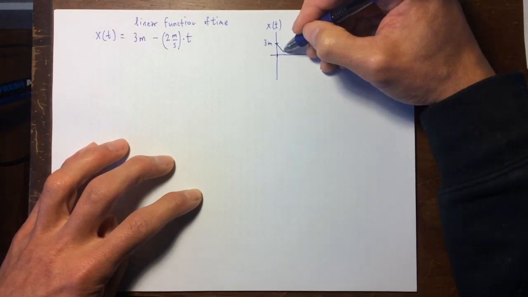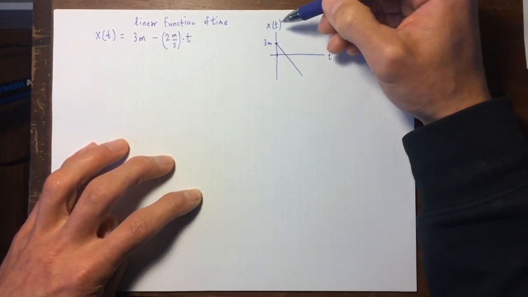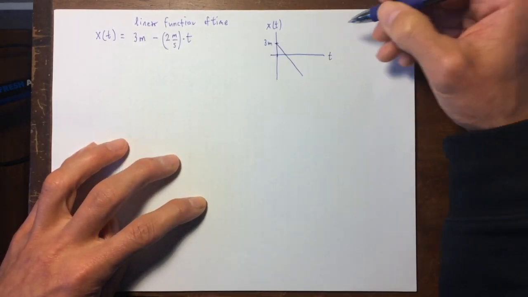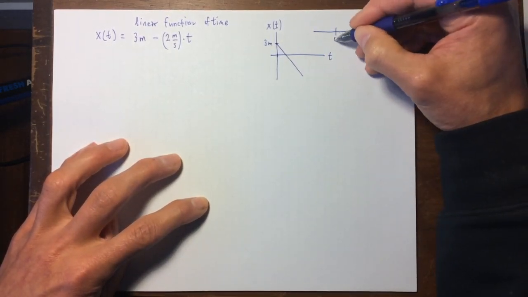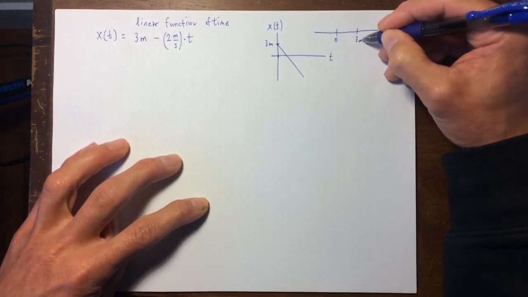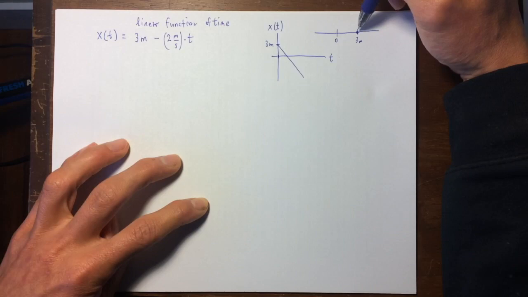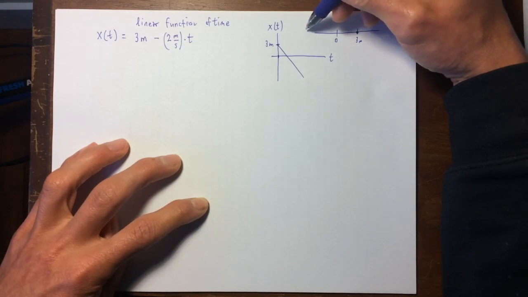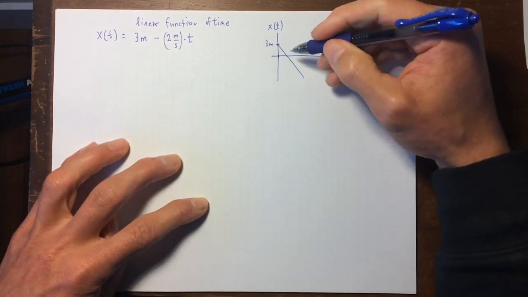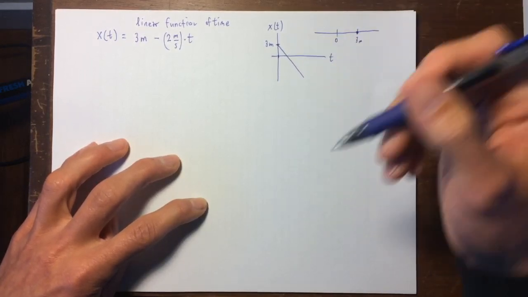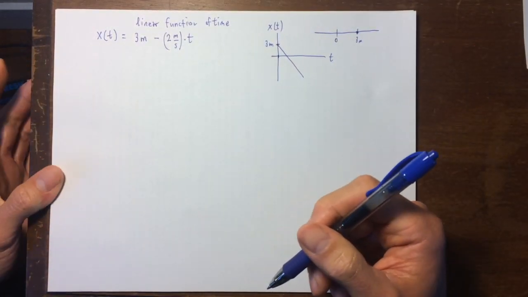This is a picture of the position as a function of time. Here's 0, here is 3 meters. It starts off here and at 2 meters per second drifts towards the left. And it does that constantly, or linear in time. So I've got a line in time for position as a function of time.